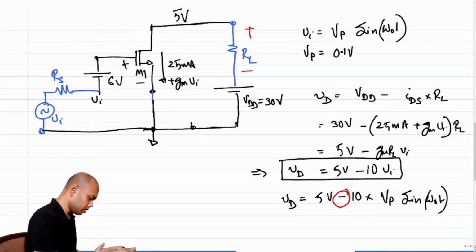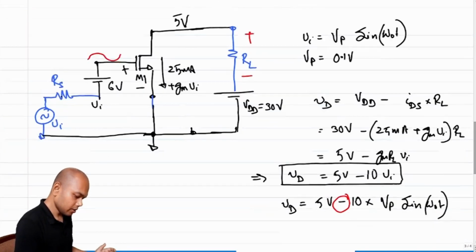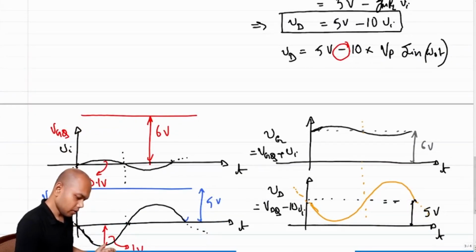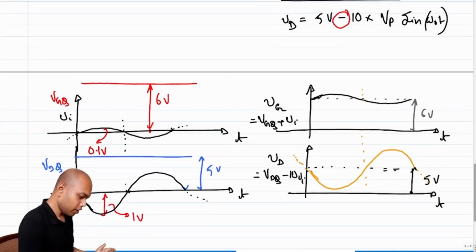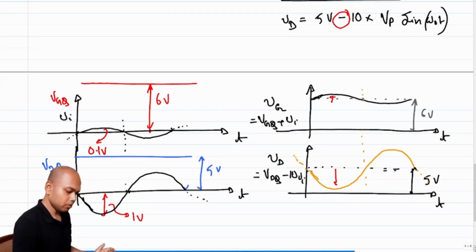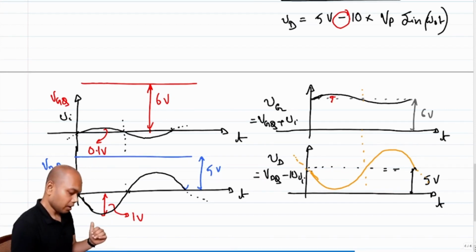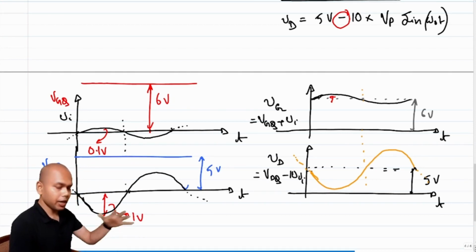So let me remove this. What is happening to the drain voltage? When the gate voltage is going high, the drain voltage is going down. And what is the minimum the drain voltage is going? Or rather, when is the drain voltage going to its minima?